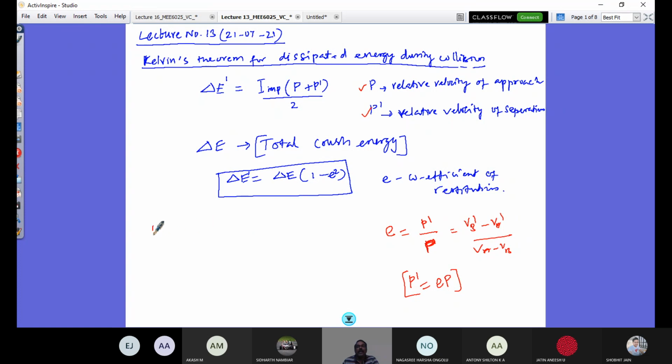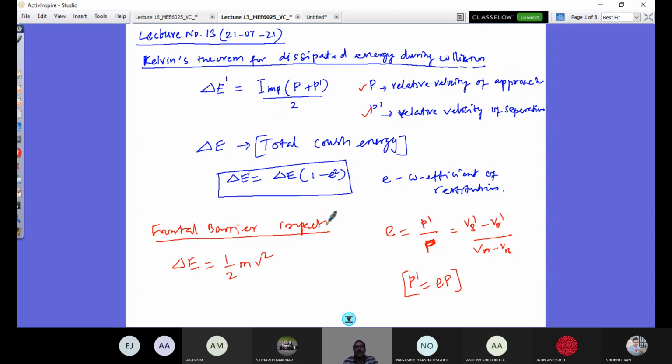If it is a frontal barrier impact, the total crush energy is half into m into v square. The barrier is concrete and its mass is so huge, infinity if you consider.